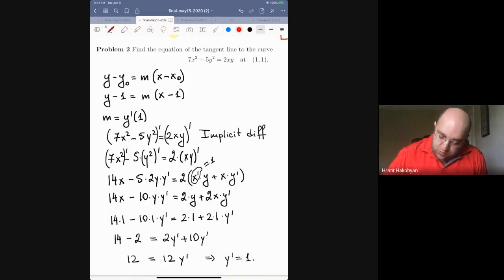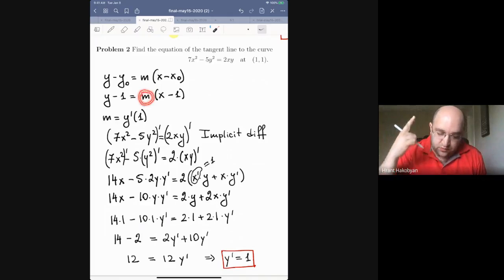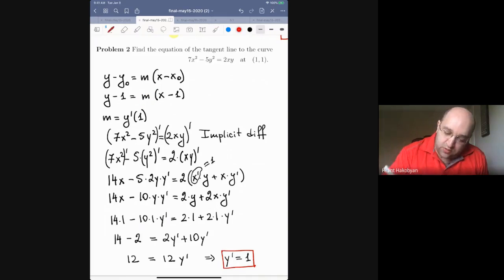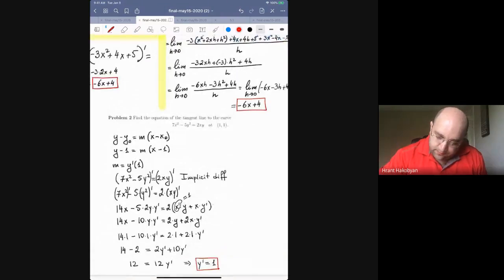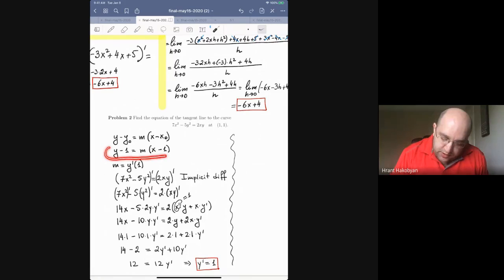Okay, so that's my y prime, which is also the same as m. So here, instead of m, I just have to write 1. My equation is this one here: y minus 1 equals, and instead of m, I plug 1. So it's going to be y minus 1 is equal to 1 times x minus 1.